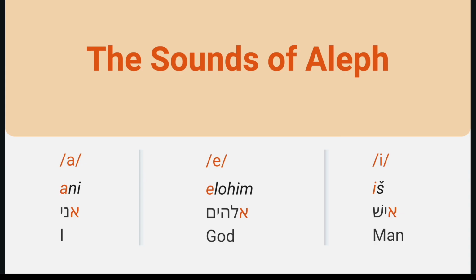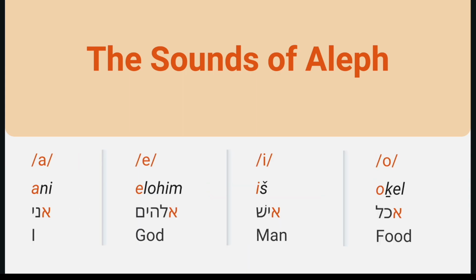We encounter this in the Hebrew word ish, which means man. Other times an O sound will be associated with aleph, as in the word for food, ochel. The important thing for now, though, is that you remember that aleph itself, according to the pronunciation tradition that we use, does not itself have a sound.